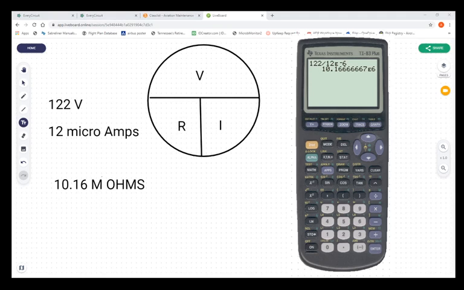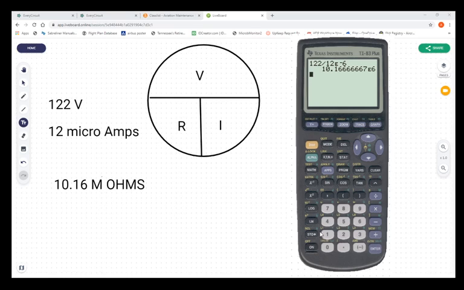Let's get that calculator back. If you say, man, that's a whole bunch of resistance right there, is that correct? Yeah, let's go ahead and verify. This time we'll take our known voltage value and manipulate that against the resistance value that we just found, and we should come up with 12 microamps.